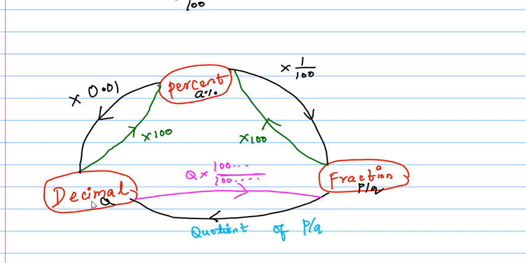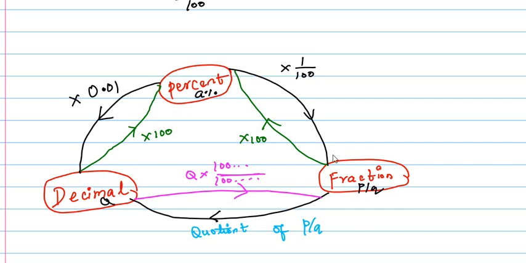In a decimal value, q is given. So by multiplying 100 to q, you make it a percentage. So that term is going to differ.